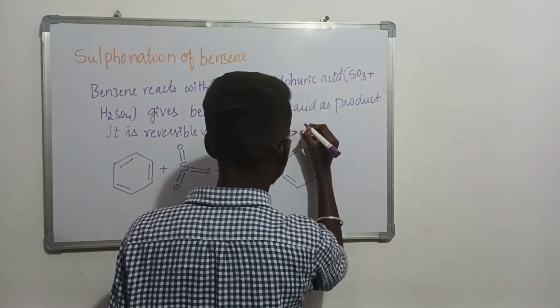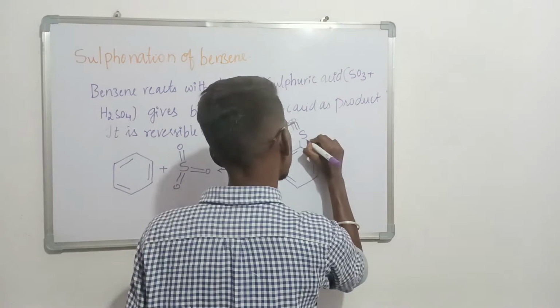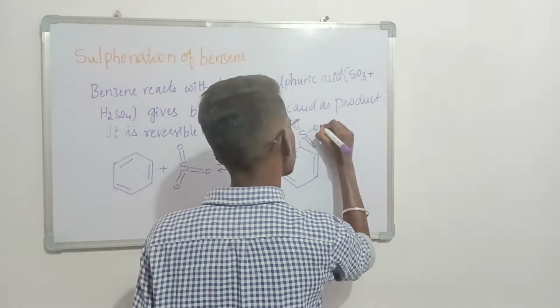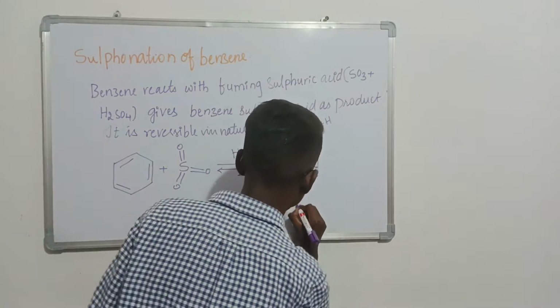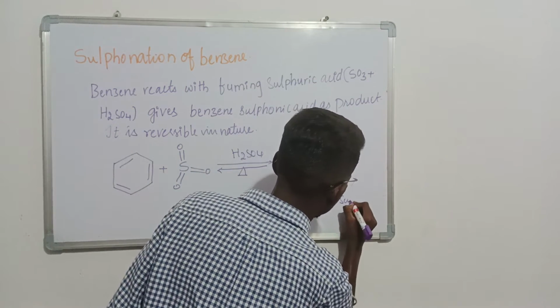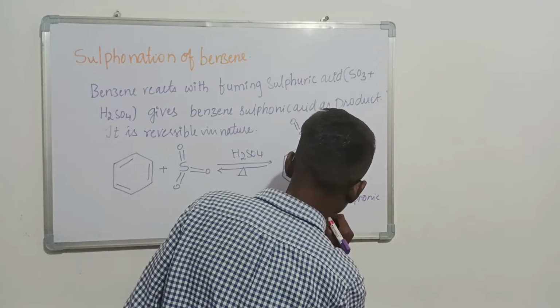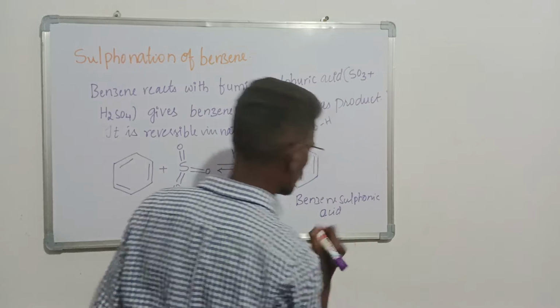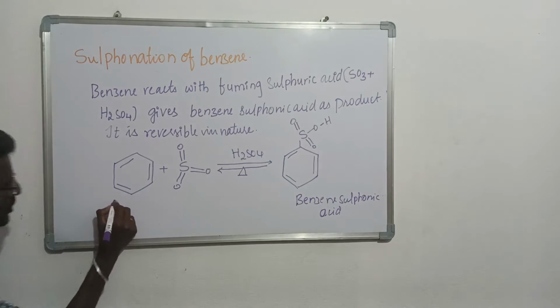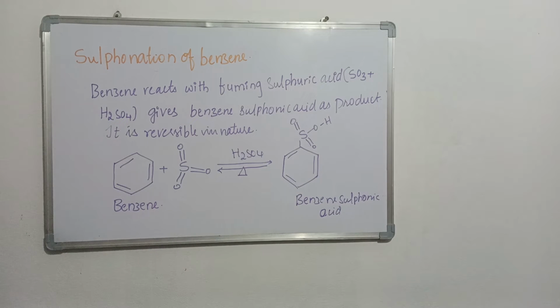Benzene sulfonic acid, SO3H, is the product. So this is the reaction involved in the sulfonation of benzene.